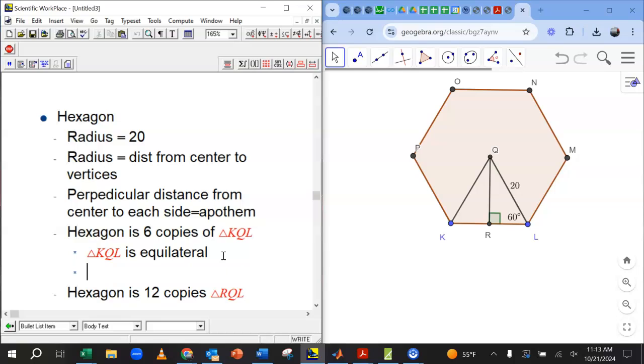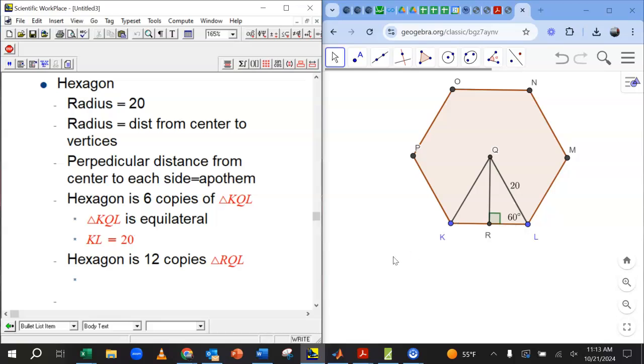Okay, so let's go back one more thing about the equilateral. That means that KL here is going to be 20. And I can also then say, oh, hey, but then RL is just half of that, and that's going to be 10. Either way, for a hexagon, you can kind of do it either way. But for more general polygons, we're going to look at the right triangle. So we're going to look at the RL. That's the half of a side length, right? So half side length is really useful.